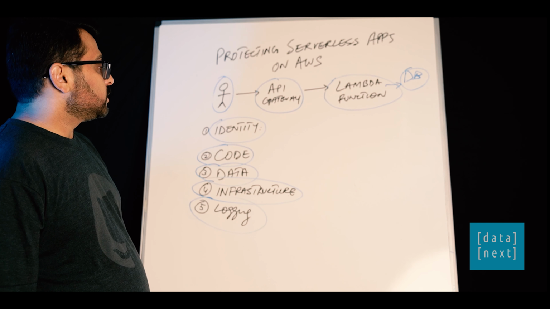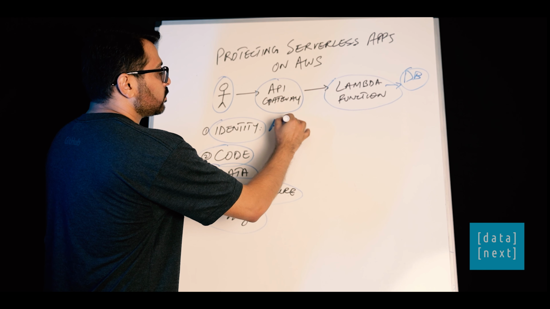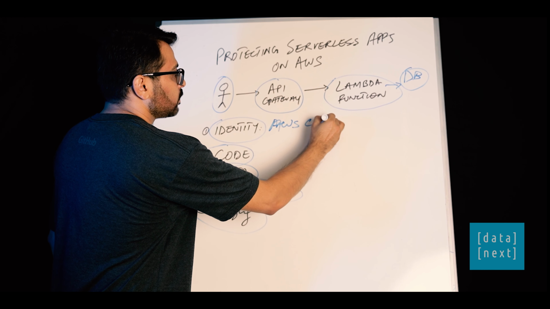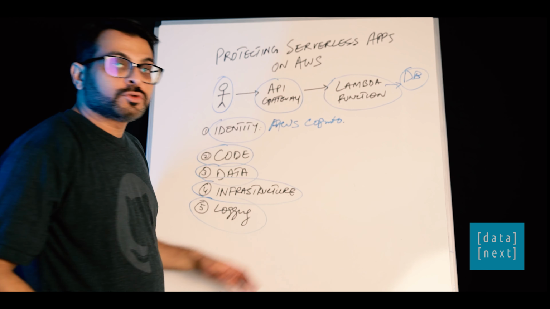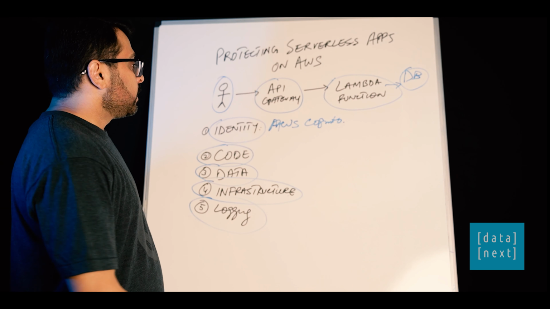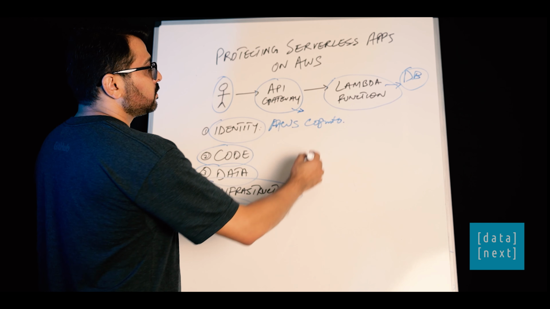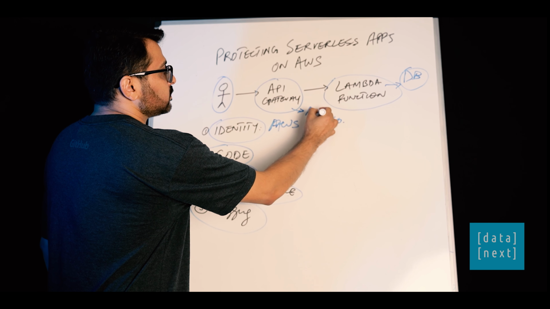So identity, how do we protect the identity? You can use services like AWS Cognito, which gives you the identity of who is calling the API. You can also attach an additional Lambda function, which is called an authorizer function.